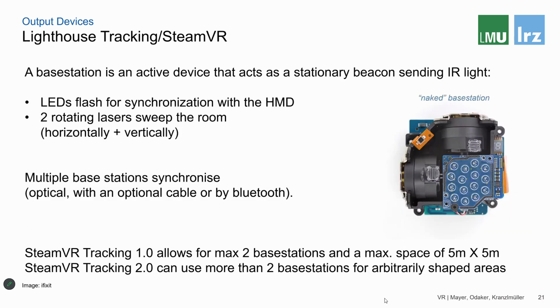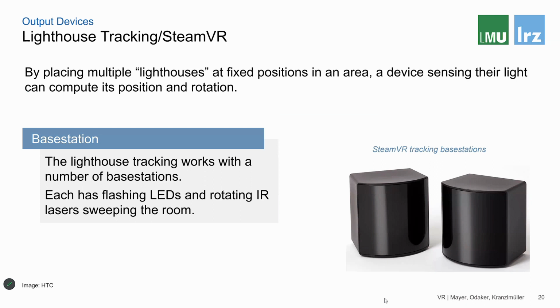What we have here is an image of a base station without the outer cover. If you look at the previous slide, this glossy area in front does not block infrared light. So infrared light goes through there. It's just visible light that is blocked. That is why it looks black.